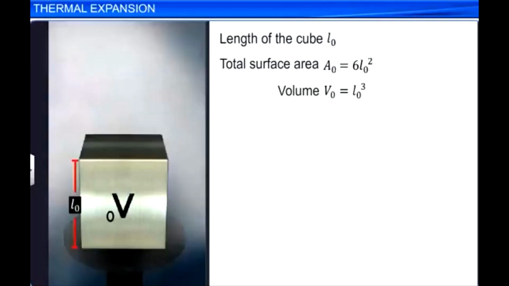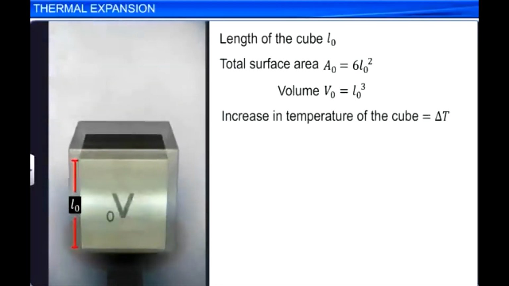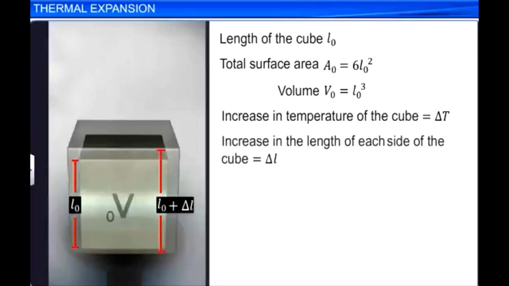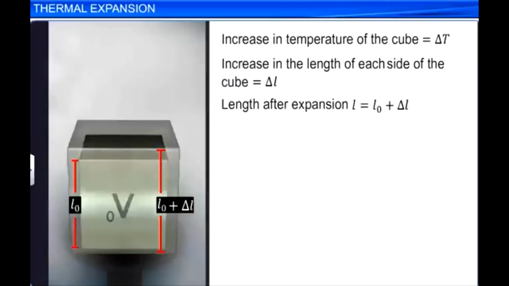When the temperature of the cube is increased by delta T, let the length of each side be increased by delta L. Therefore, the length of the side after expansion L equals L naught plus delta L. Change in area delta A equals 6 into (L naught plus delta L) whole square minus 6 L naught square.